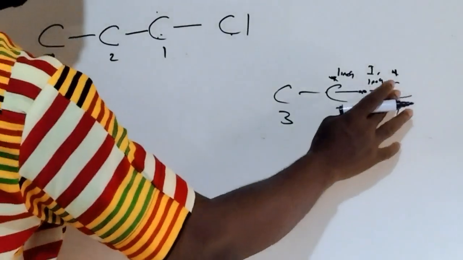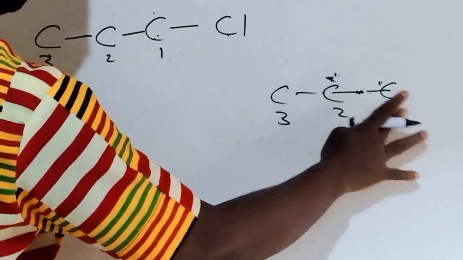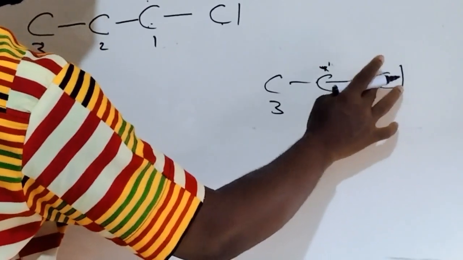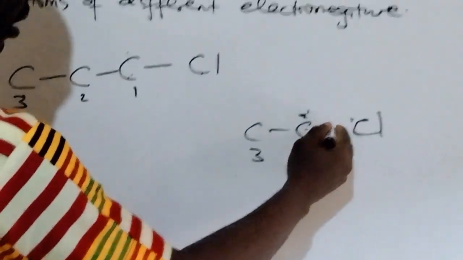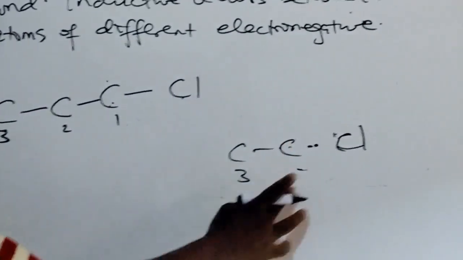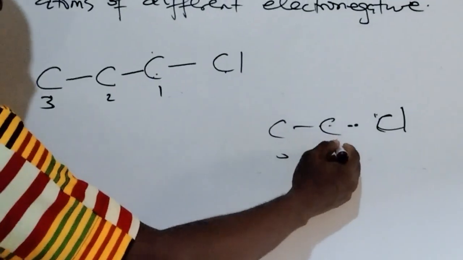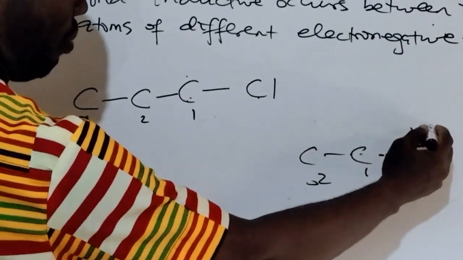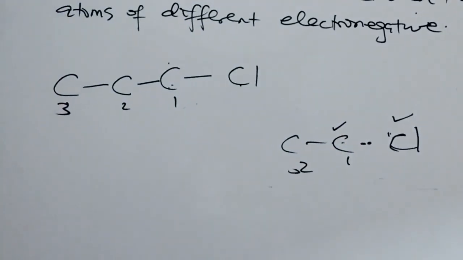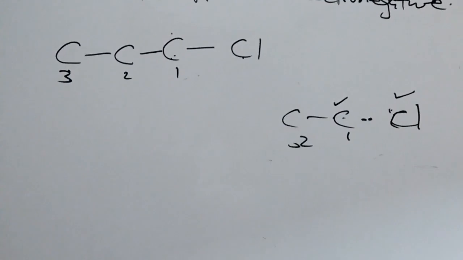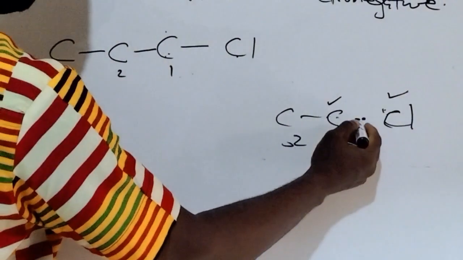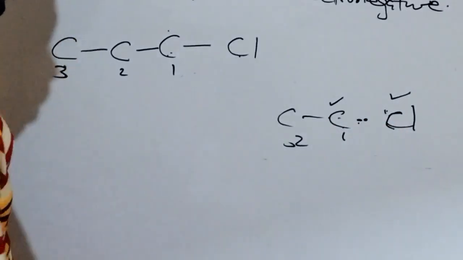But should I replace this carbon with chlorine now? Because chlorine is more electronegative than carbon, the electron will be dragged between this chlorine atom and this carbon. And because chlorine has a higher electronegativity, chlorine will pull the electron closer to itself than carbon.